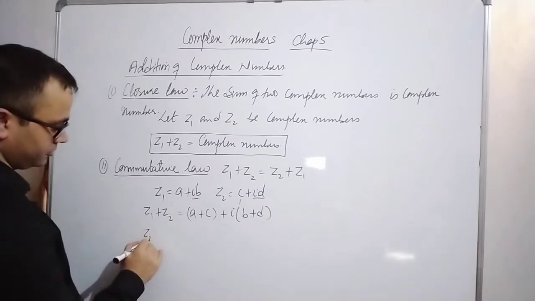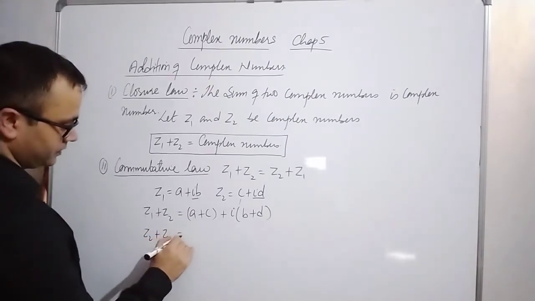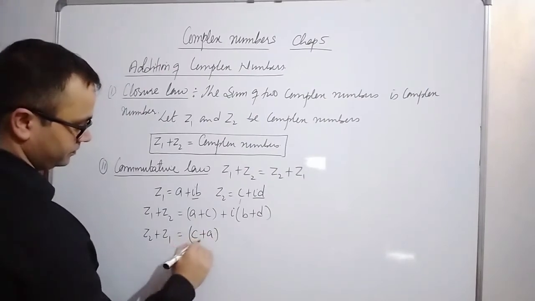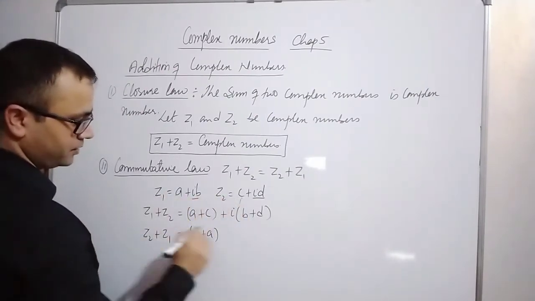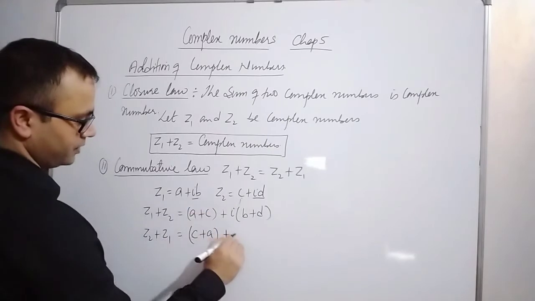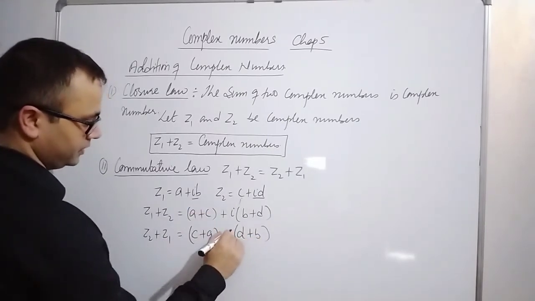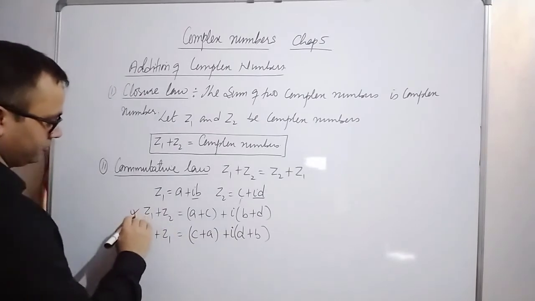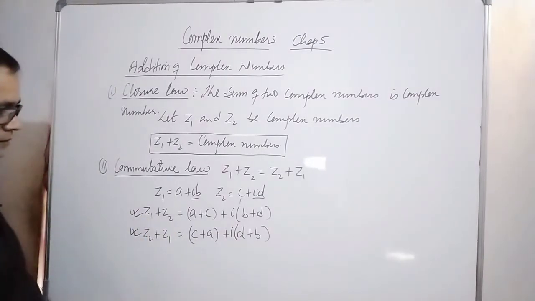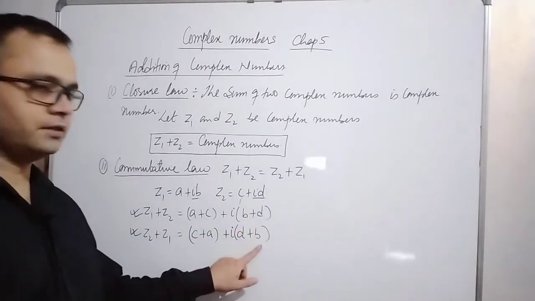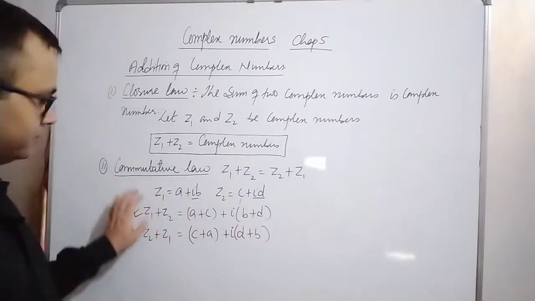Similarly, Z2 plus Z1 is C plus A in the real part, and in the imaginary part D plus B. Now i is common, so these two are equal. A plus C or C plus A is the same, B plus D or D plus B is the same. So this is commutative law.